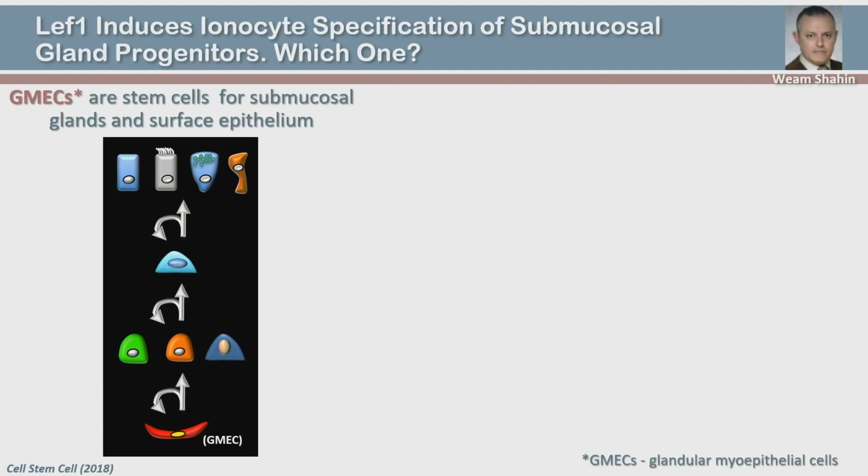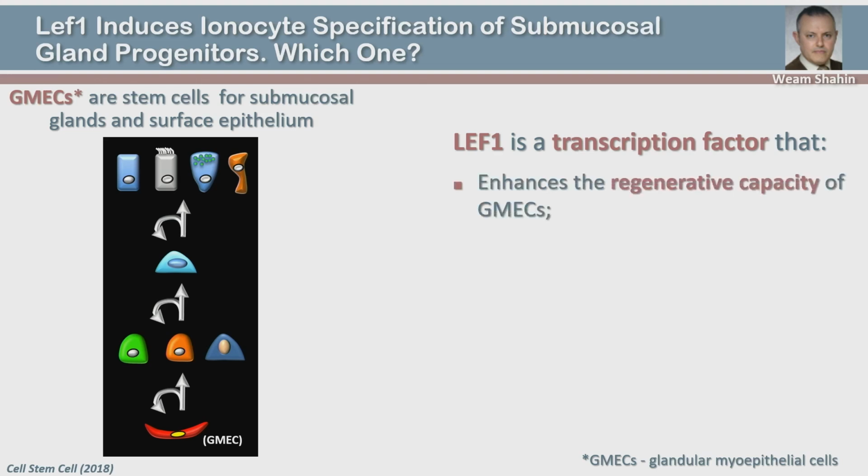So I'm going very quickly through the summary of our talks here today. First, we have William Shaheen, I hope I'm saying your name correctly. William is going to talk about GMEC cells, which are glandular myoepithelial cells, and explaining that LEF1 is a transcriptional factor that enhances the regenerative capacity of these cells, which is something we look forward to because, as I said, this is impaired in CF.